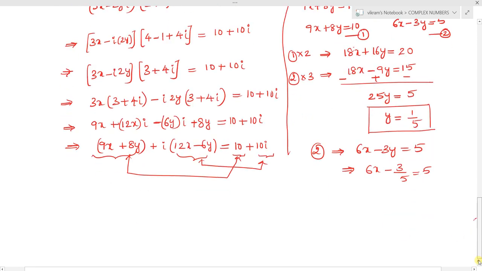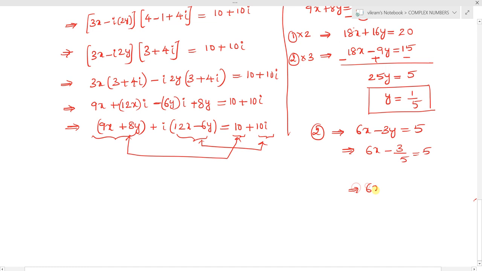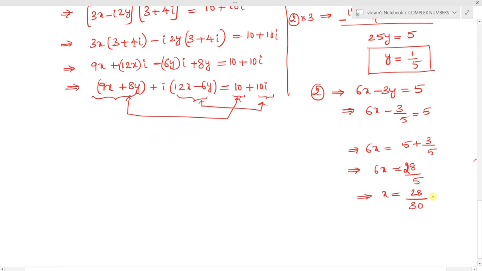From this, 6x equals 5 plus 3 by 5, which implies 6x equals 28 by 5, so x equals 28 by 30. Finally we get x equals 14 by 15. So we have the x value as 14 by 15.